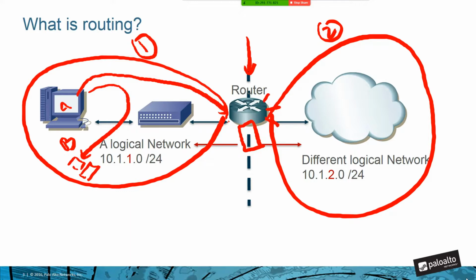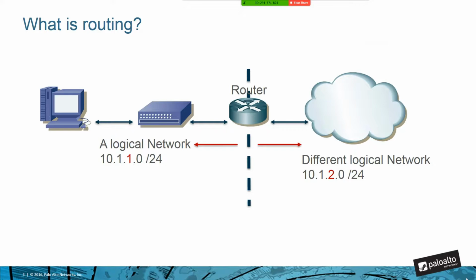So basically, it's your postal service. A packet shows up here, it will look at the table and determine which direction it goes. In this case, it will go that direction.